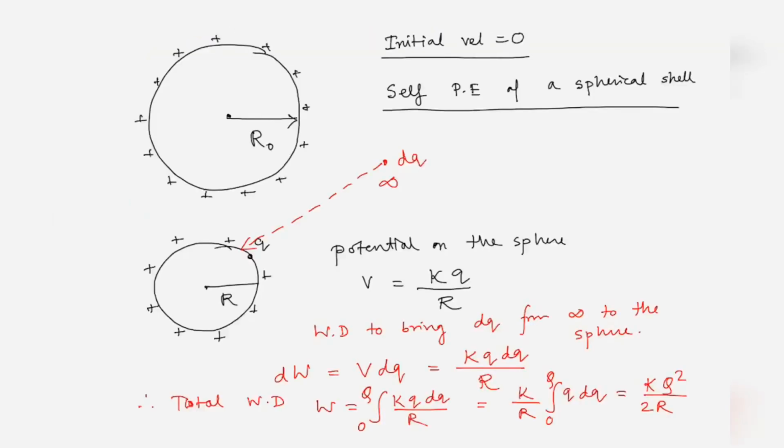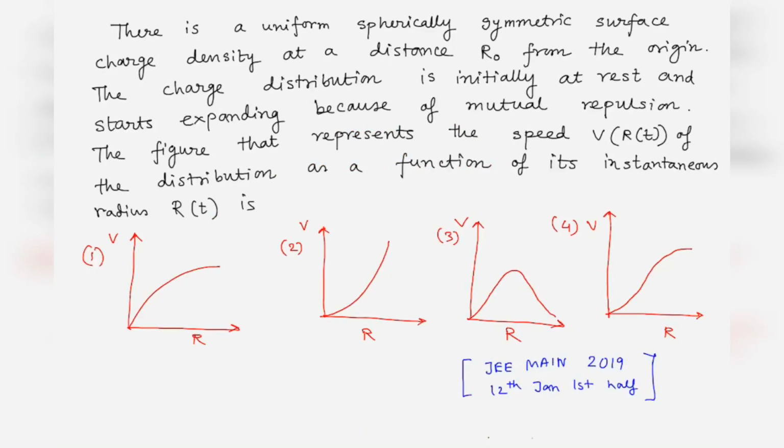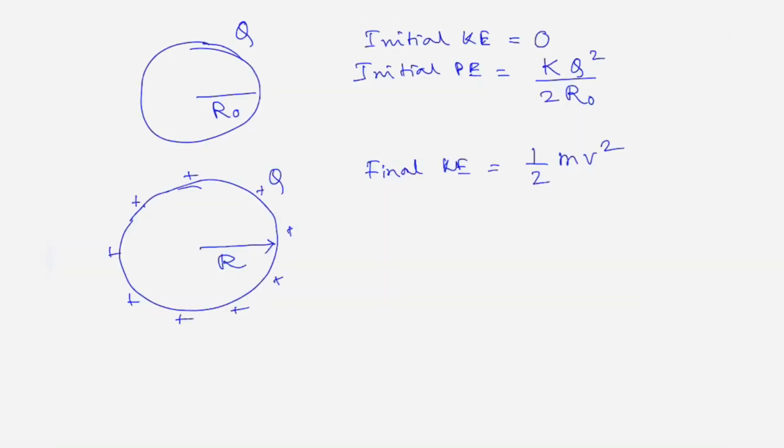You can see in the question they ask for the speed of the distribution, so suppose the speed is v. The final potential energy is kQ square by 2r, since Q has not changed.